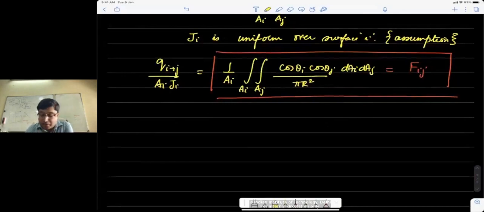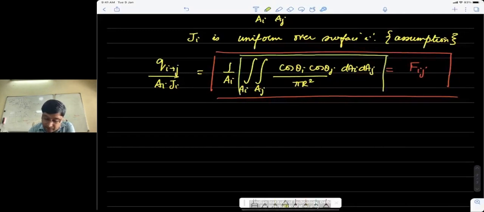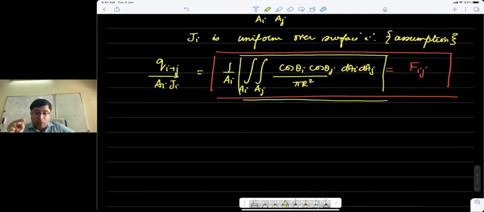Now, the advantage of making these assumptions is that if I look at this integral alone, it is clear, I hope, that if I was to compute the amount of radiant energy leaving surface j and reaching surface i, I will have the same integral there, except the integral will have a 1 by Aj in the front.